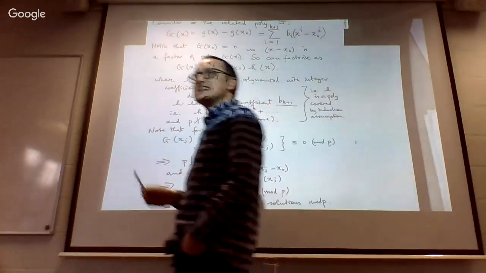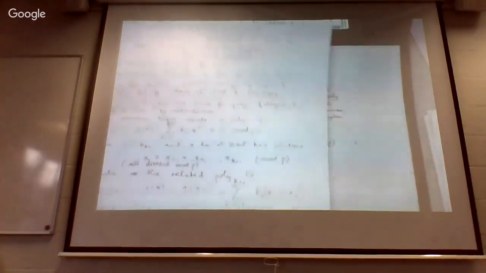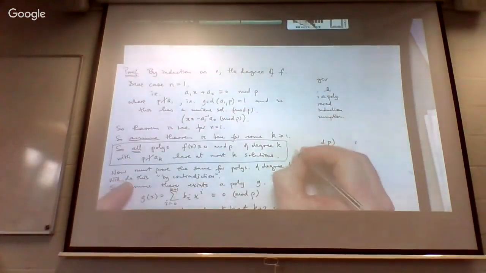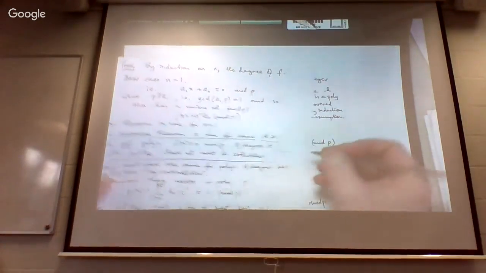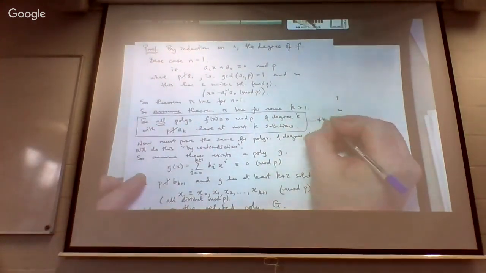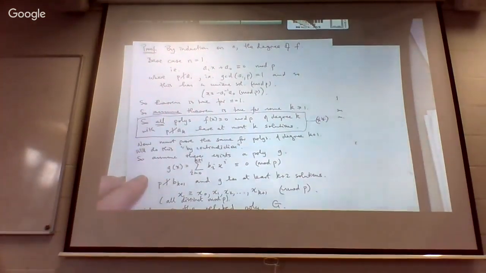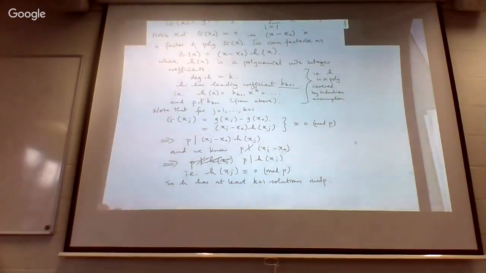So this contradicts the induction assumption. I want to give this a nice label. I think I called something star already, so I'm going to call this star, the induction assumption in the big blue box. So the existence of this h contradicts star.